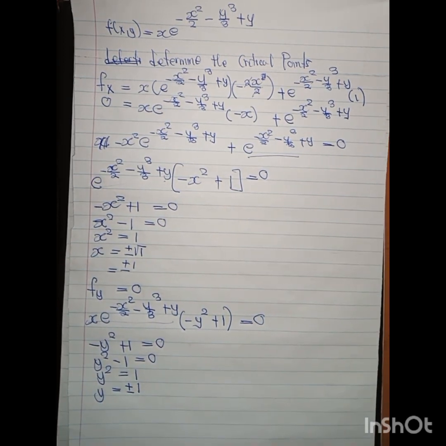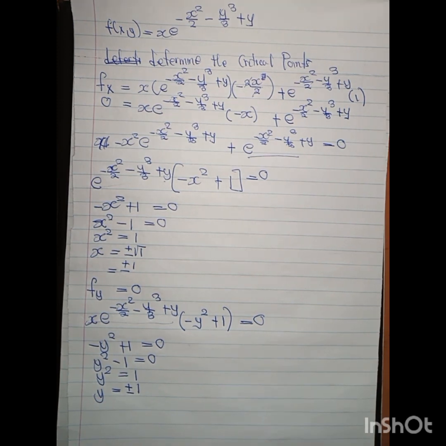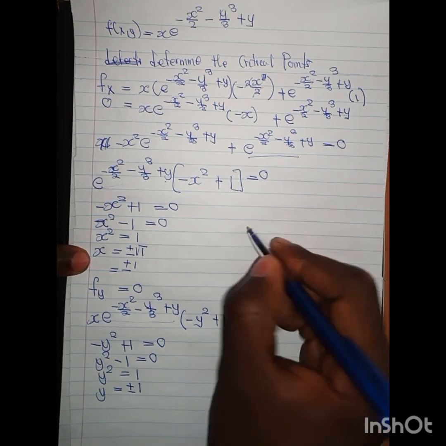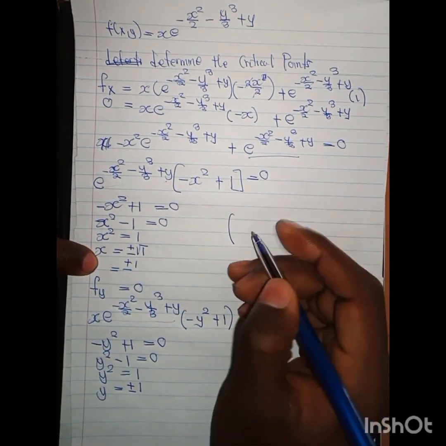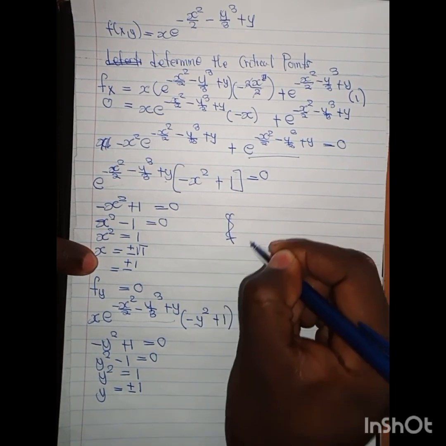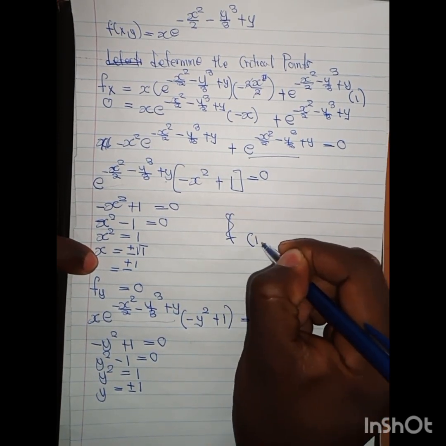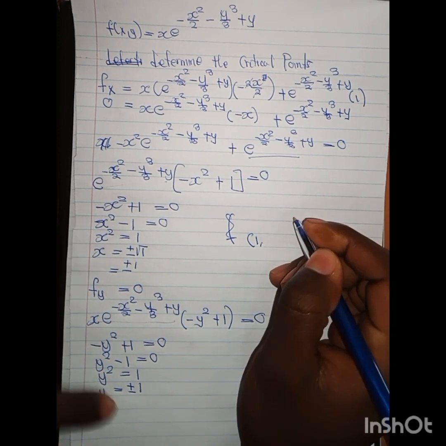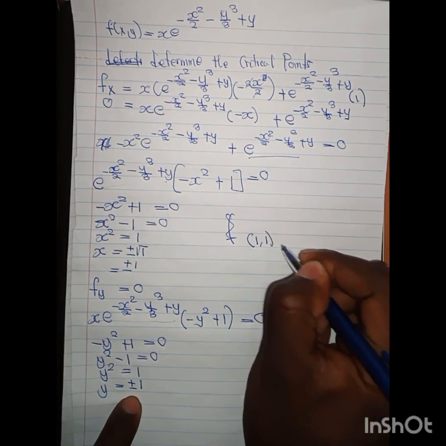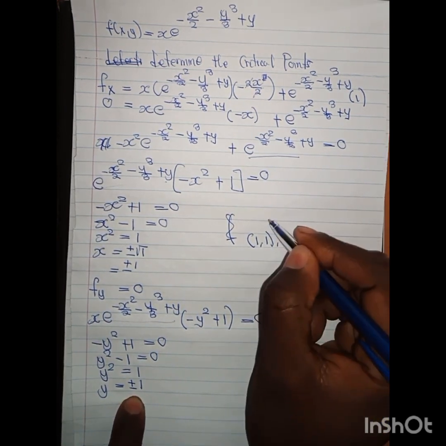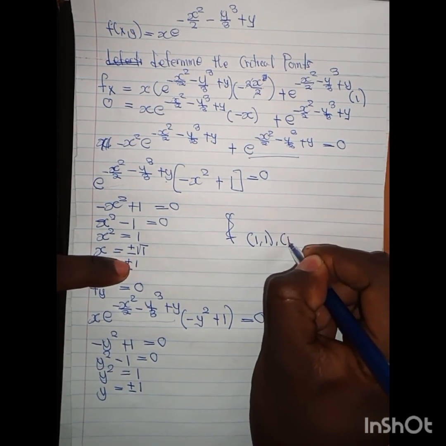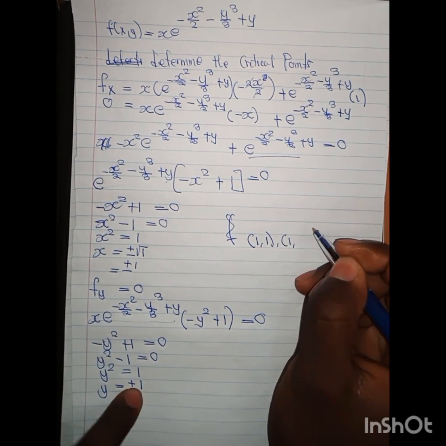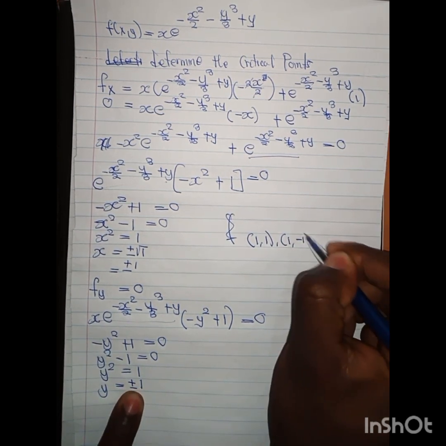So we want to write these points in the form of critical points. How can we write them in the form of critical points? We come here and say we have the values of x as plus or minus 1. When x is positive, we can have the value of y, which is also positive. This is our first point. Then again, when x is positive, we can have the value of y as negative.